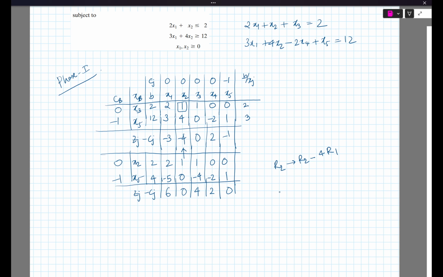So we need to check z star, right? Z star was what? 0x1 plus 0x2 plus 0x3 plus 0x4 minus x5. If we substitute solution in this, it is x2 equal to 2 and x5 equal to 4, and what I get is minus 4.